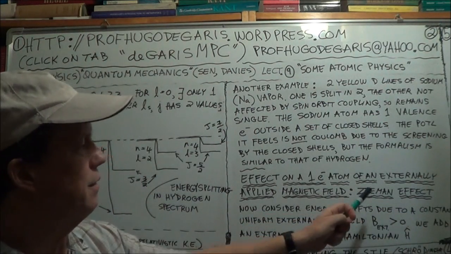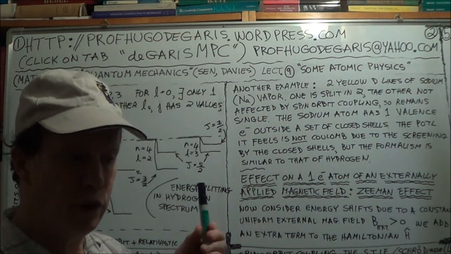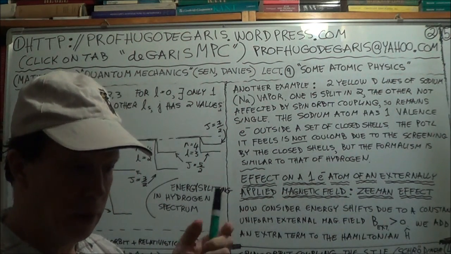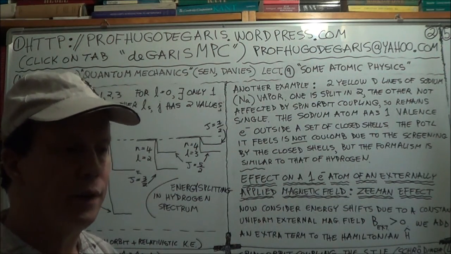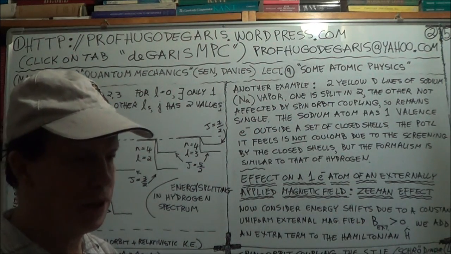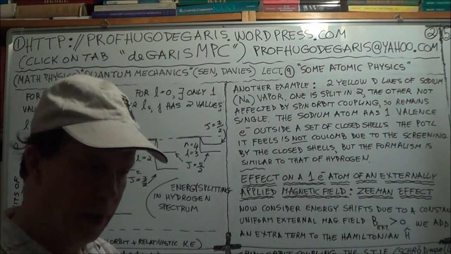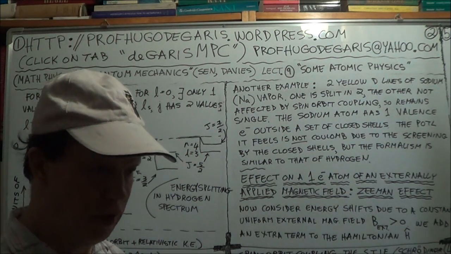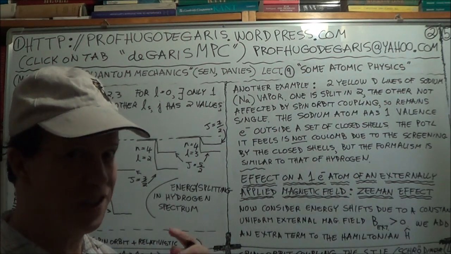And basically, just to throw it at you, the idea is, if you put your atom in a magnetic field, then the very presence of that magnetic field will create new interactions on the electrons in the atom, which generate new interaction terms, new potential energies.